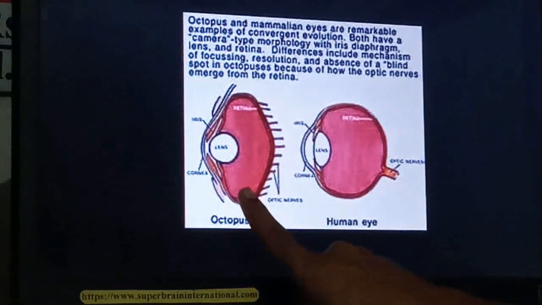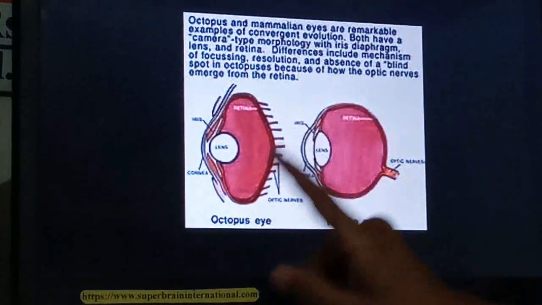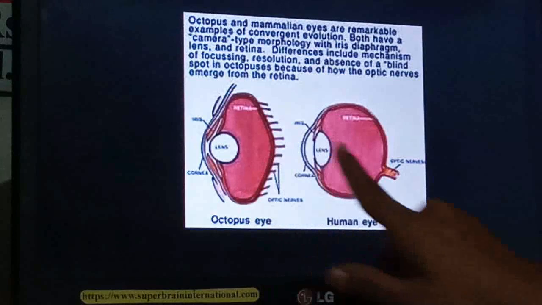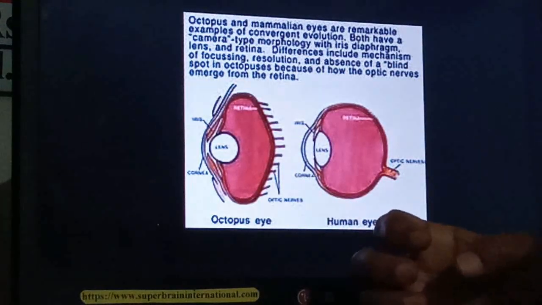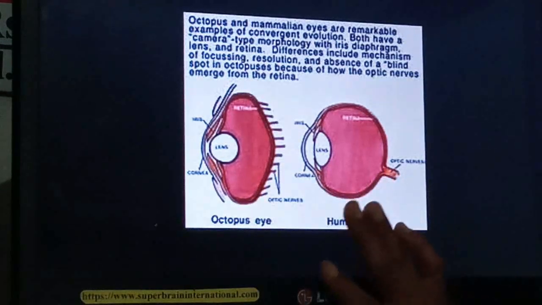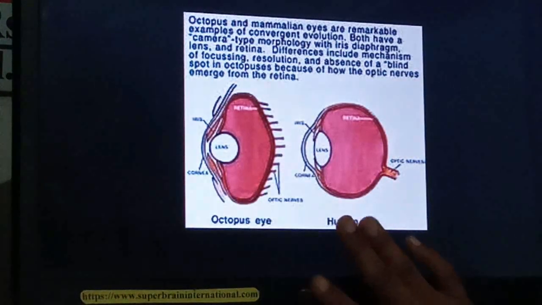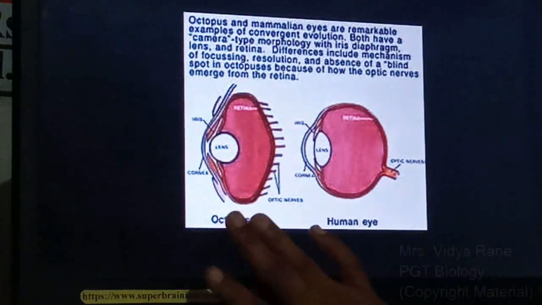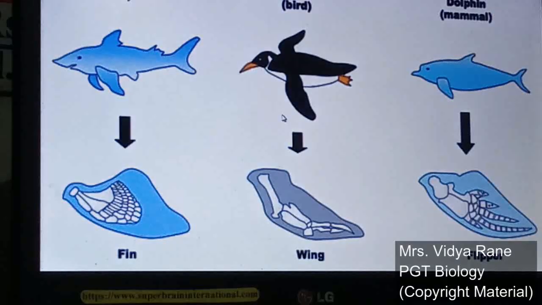But in the case of the octopus, it is just a light detecting structure. So both functions are the same: receiving the light, detecting the light, forming the image. But their internal structure is different. So this is another example of an analogous structure, the octopus eye and the human eye.